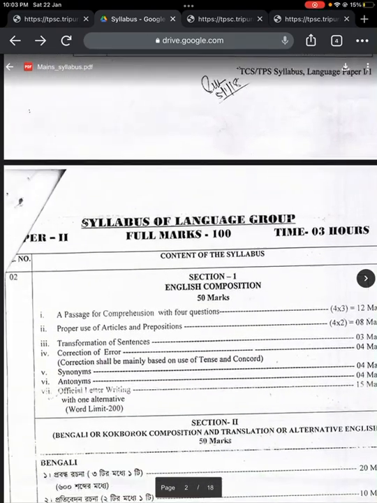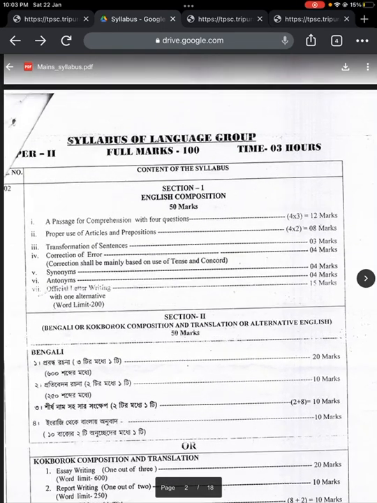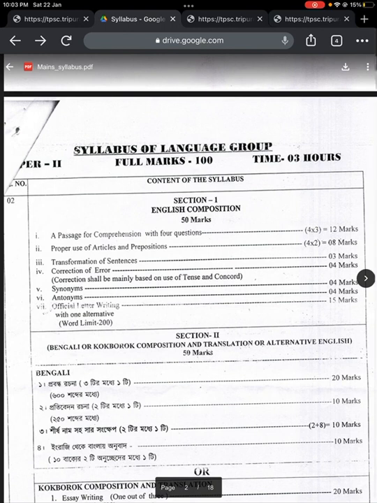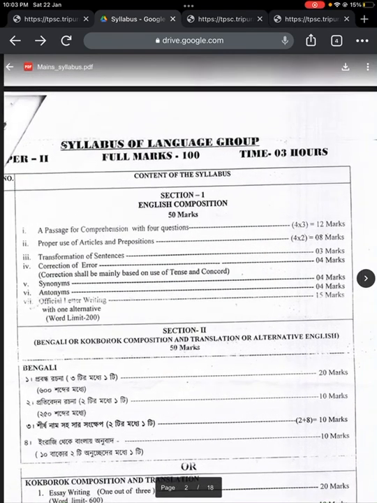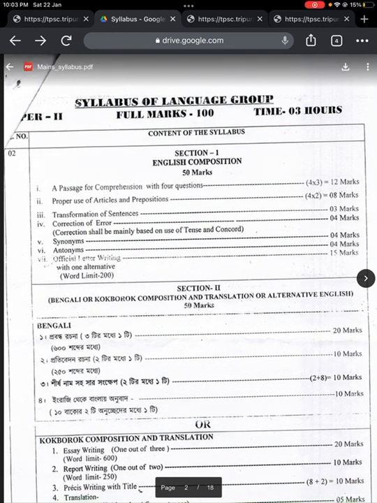Then in paper 2, as I have said earlier, section 1 is compulsory. It comprises a passage and a few grammatical portions. So there's one passage of 12 marks, then article, preposition, transformation of sentences, correction of error, synonym, antonym, and lastly official letter writing.